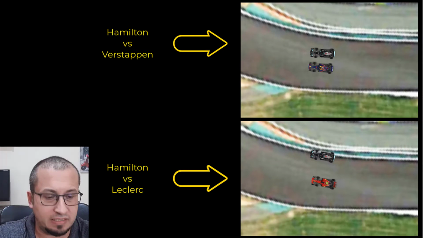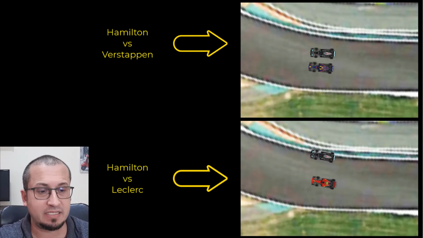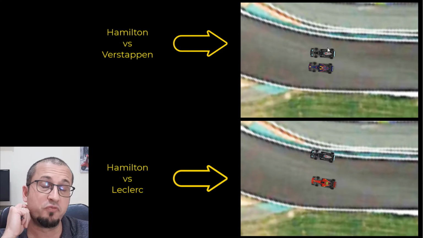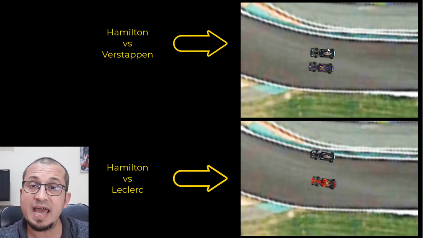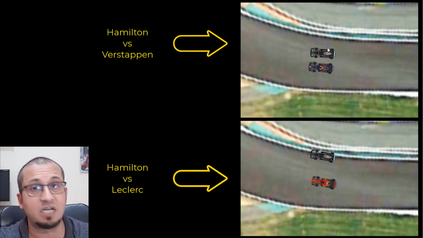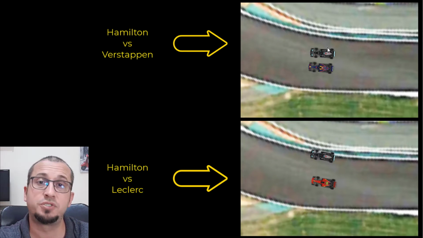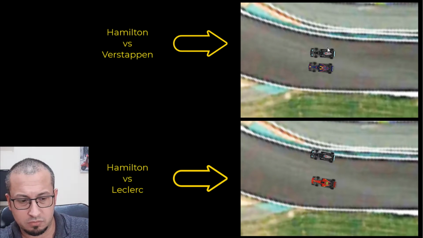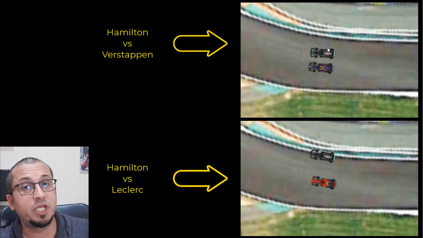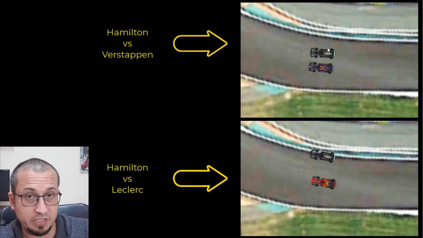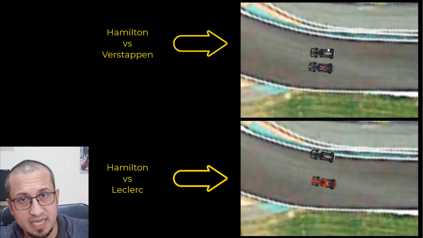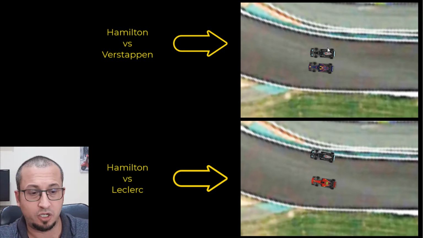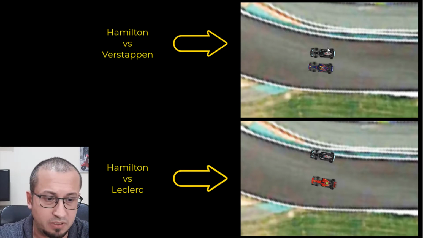For who thinks he had space to make a better movement with Verstappen, he had space. He had lots of space. That's the truth of it. I don't know, however, how much he would lose of speed if he had tried to make it closer to the wall, closer to the curbs with Verstappen.